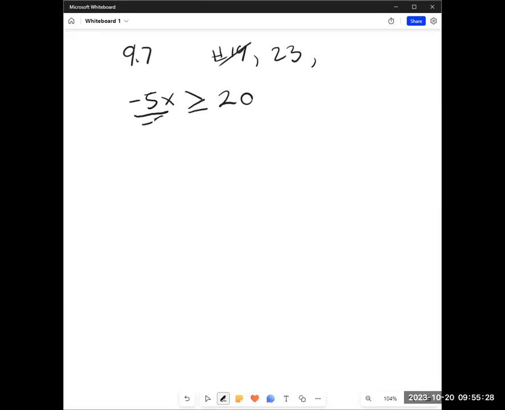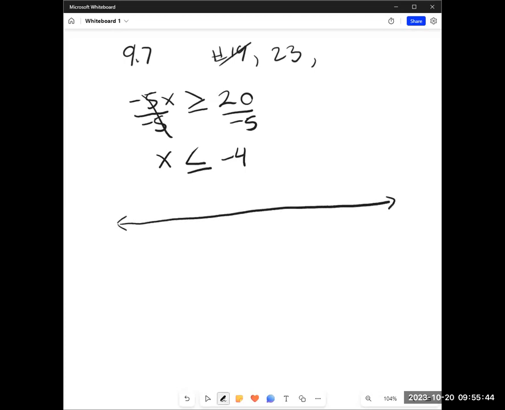So because I need to divide here by a negative 5, I know that that would normally be x and this would normally be negative 4, but the direction of my inequality sign changes. So this is going to be a negative 4. I want to go to the left and I want to include negative 4. My answer is like this.